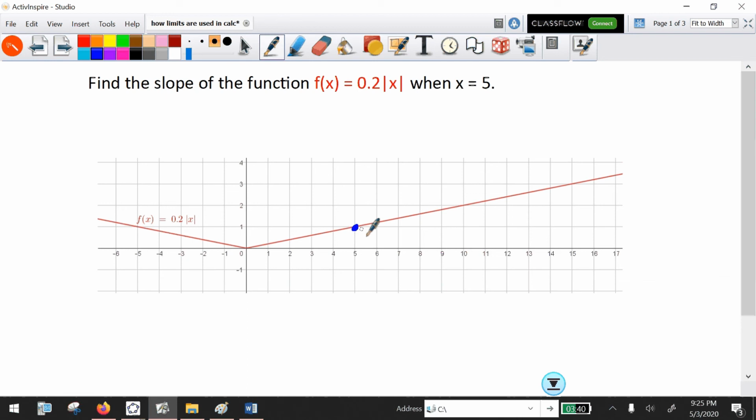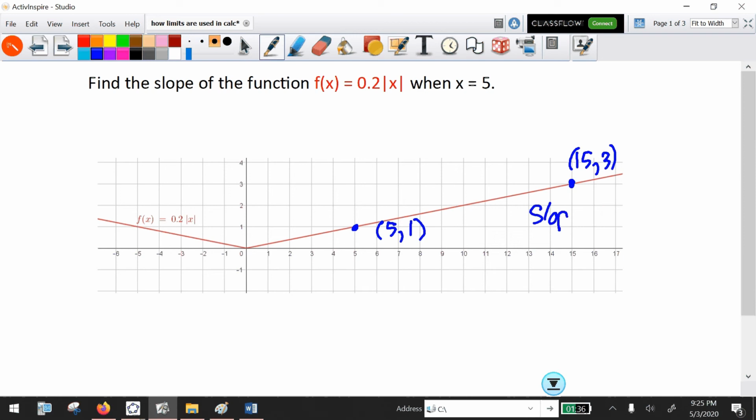We could just find two good points that intersect on the graph paper on the coordinate grid, and I'll use these two. And I'm just going to use the regular slope formula, which is y2 minus y1 over x2 minus x1. Got my coordinates of my points, and I'm just going to plug that into the slope formula.